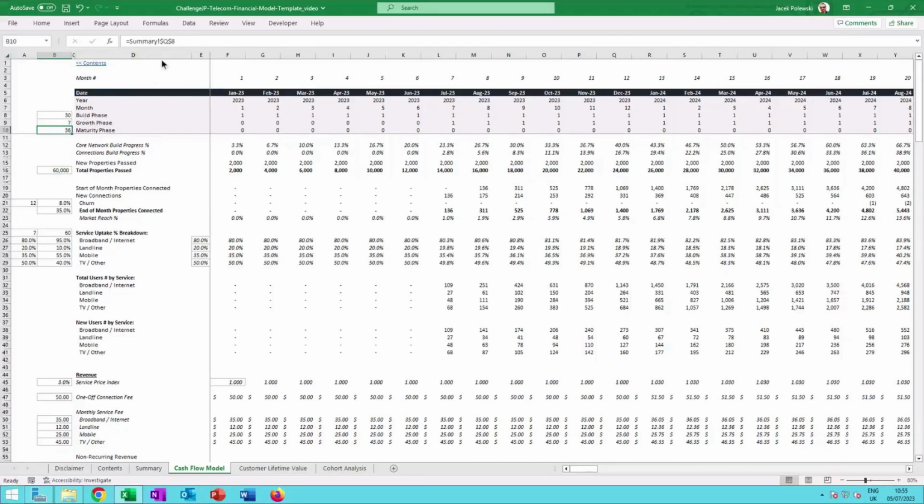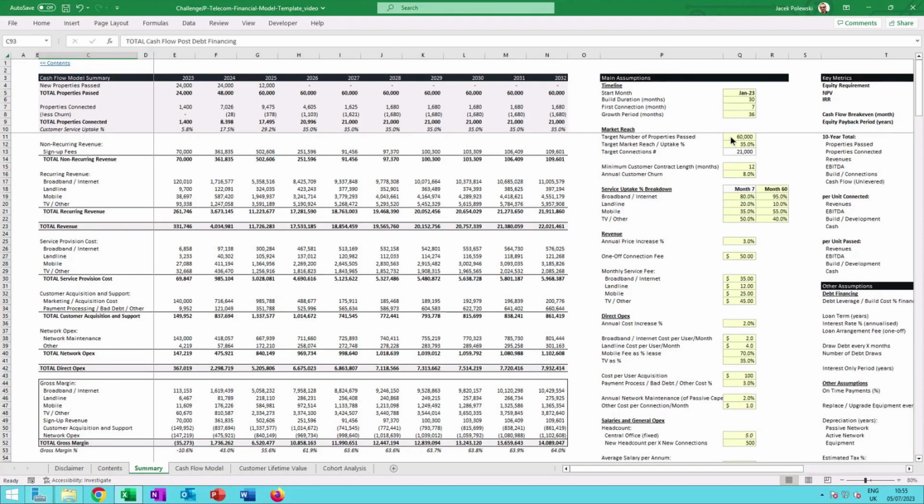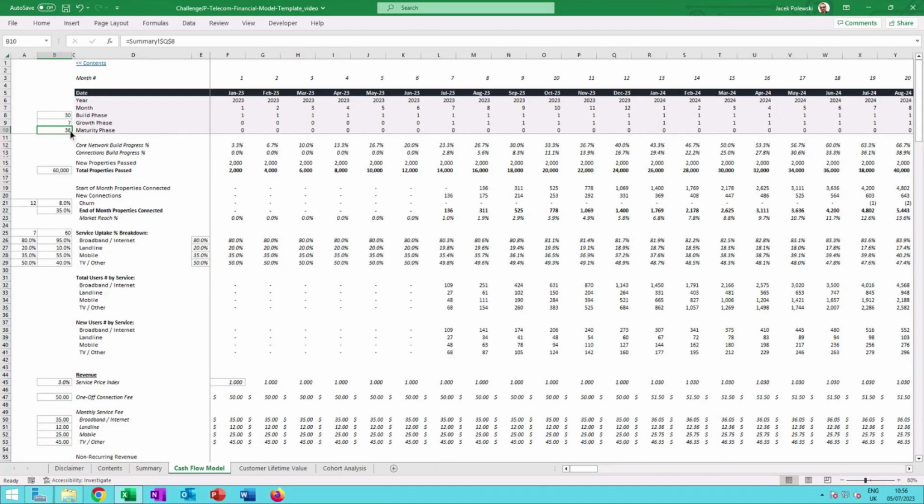For example, here you have that link to summary Q8, which would be the cell over here. So the idea is that you actually use that summary page, that table with assumptions here. Any cells highlighted in that sandy yellow are there to change the assumptions. And then I just repeat those assumptions here to the left, so you don't have to go back and forth between the sheets. You can see exactly what assumption is being applied.